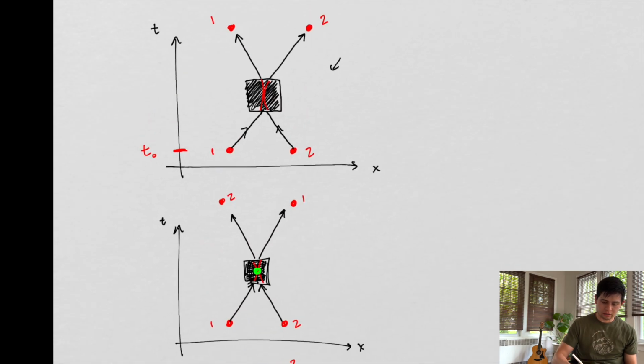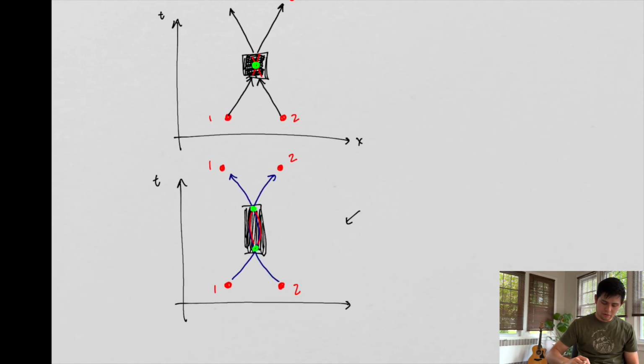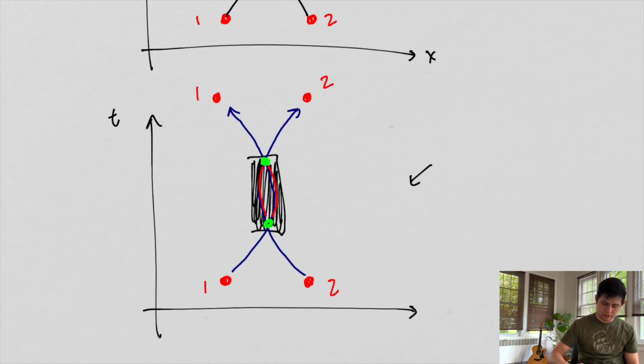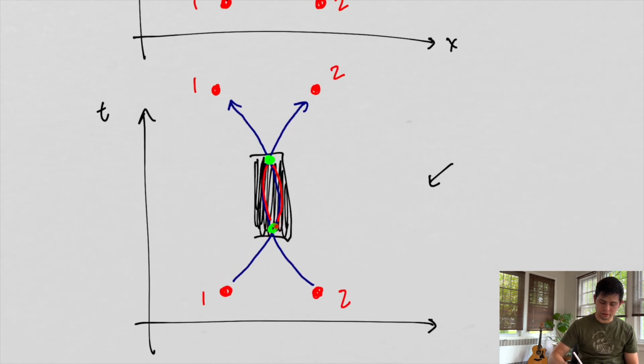One process is literally just a bouncing. You have 2 billiard balls bouncing off of each other. Here in this process, you have two interactions actually happening between the 2 particles. And these 2 guys are known as vertices.